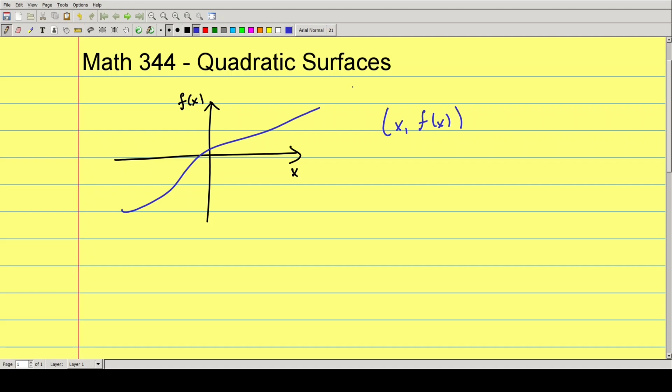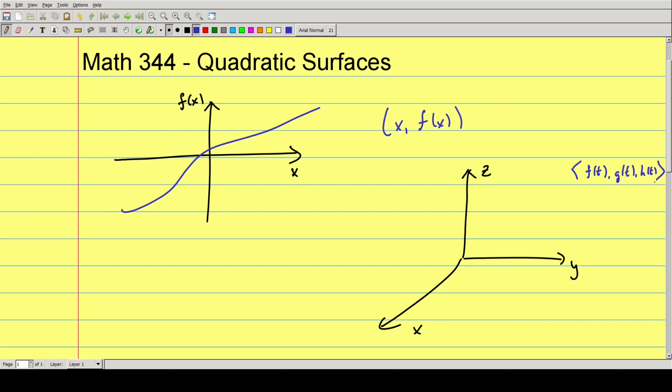Now, we've been graphing different types of functions so far this week, including talking about space curves. So we have our space curve, we have our XYZ axes, and the makeup of what gets graphed here is this.